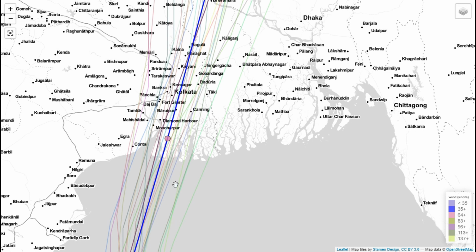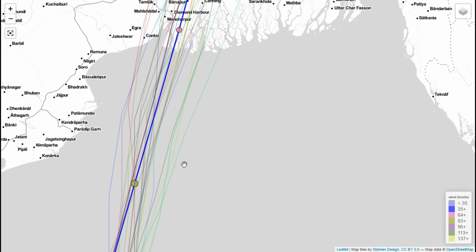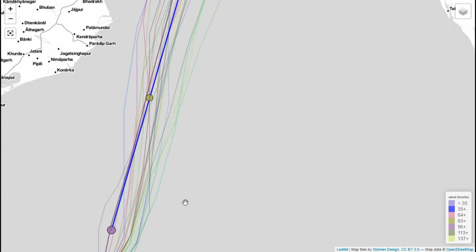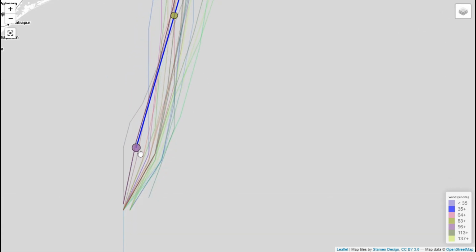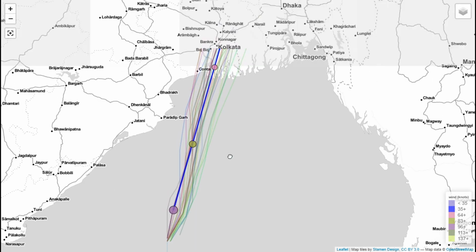Because when the cyclone reaches the Indian shore from here, you can see it's being spread out. Spread out like this. Why? Because cyclones basically move in a circular way.